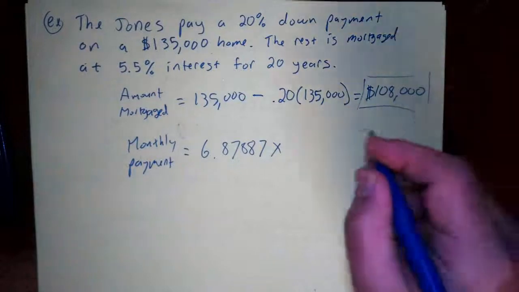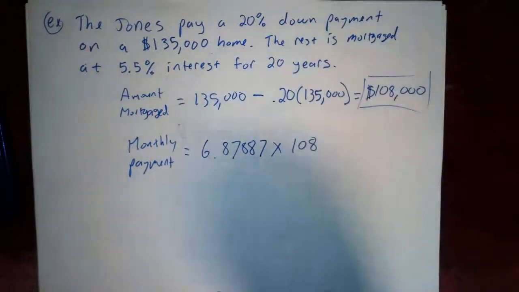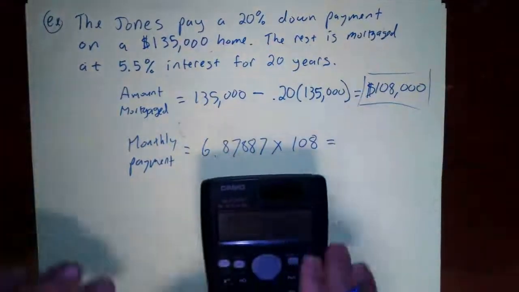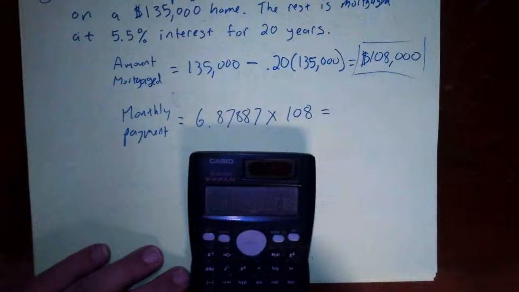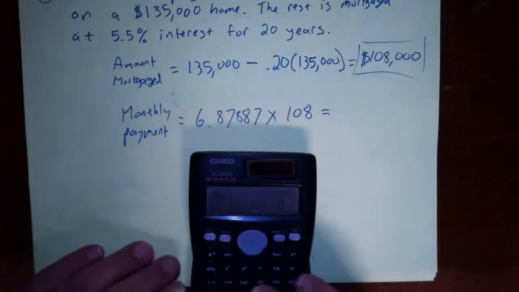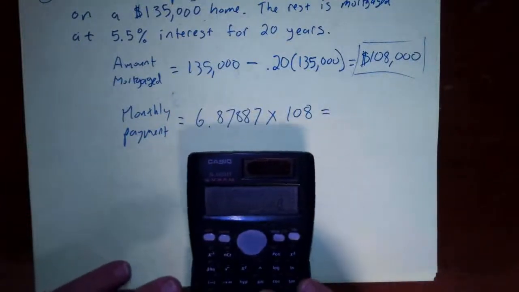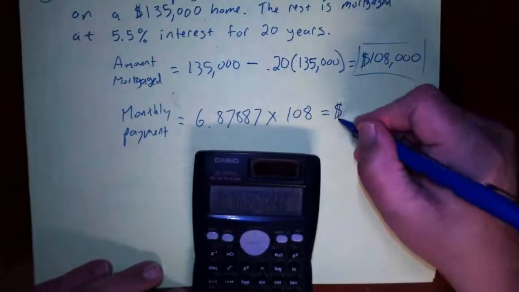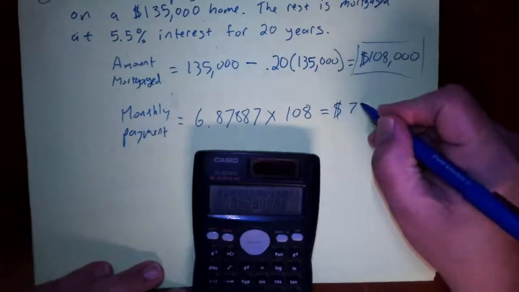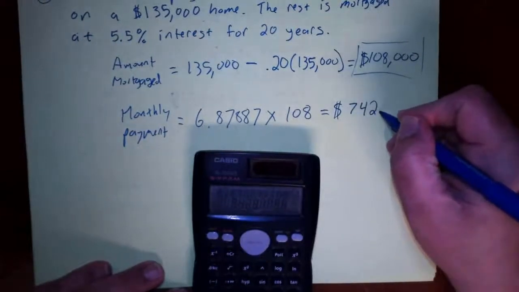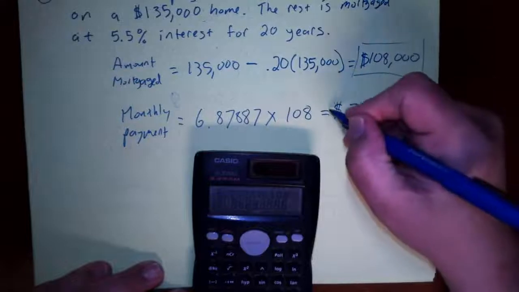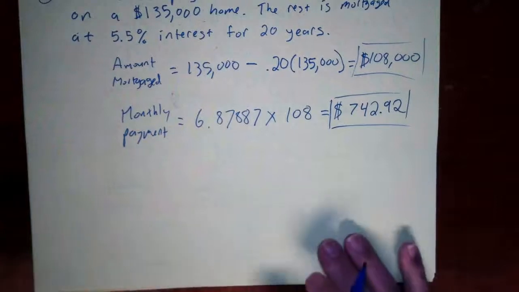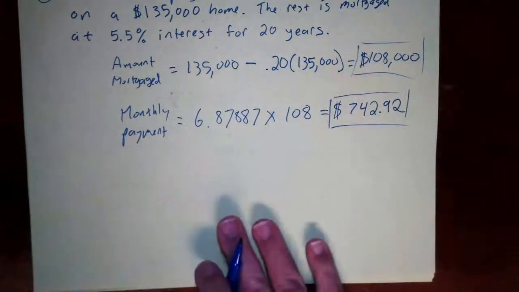So I just move the decimal point over 3 places, and I get 108. So let's see, 6.87887 times 108. And it looks like my monthly payment will be $742.92. So that'll be the monthly payment on this particular mortgage.